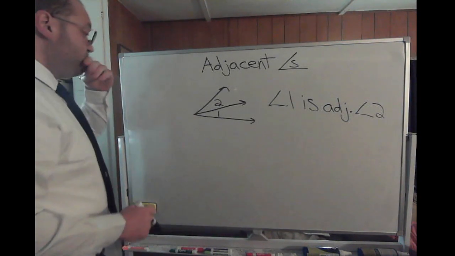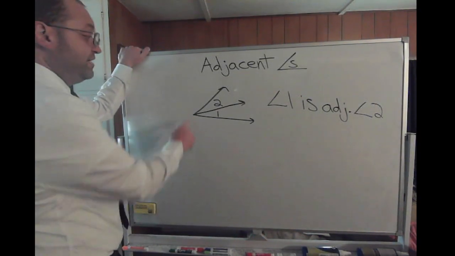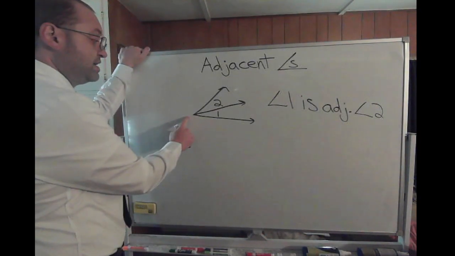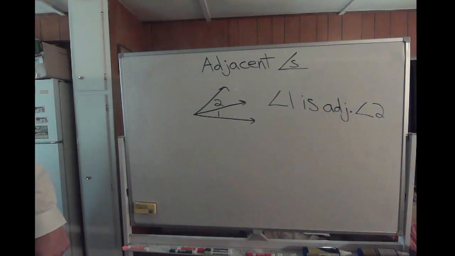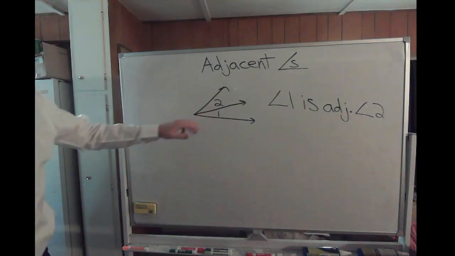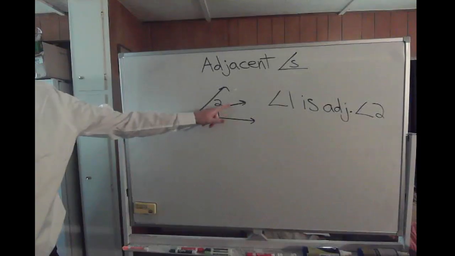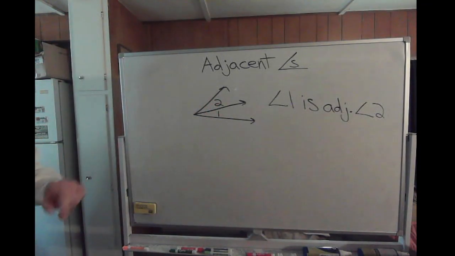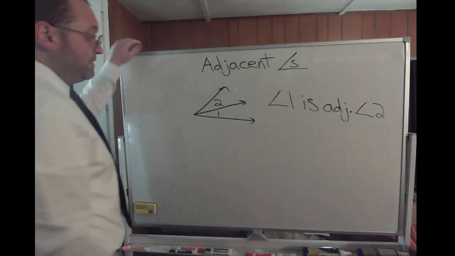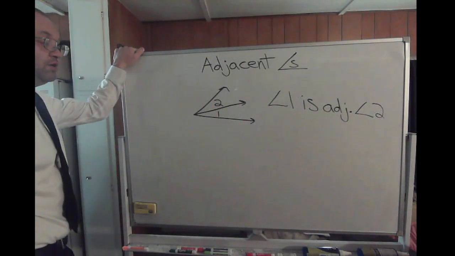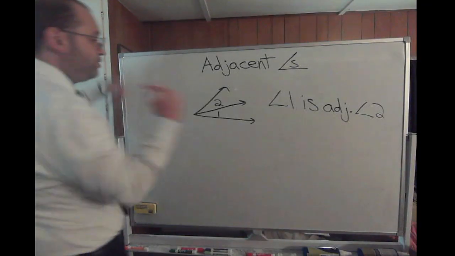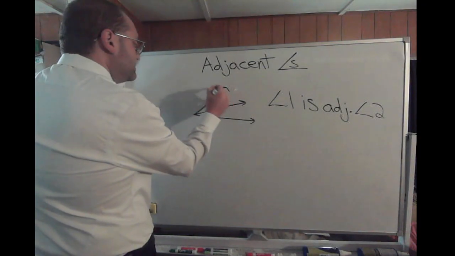Adjacent angles have the same vertex. What else? They have a common side. Angle 2 and angle 1 both have this middle ray as a common side, right? But they have no common endpoints. It'd probably help if I put some letters on this.